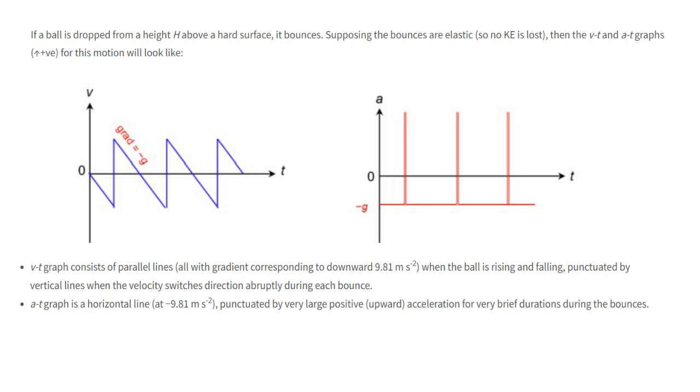Meanwhile, the acceleration time graph remains mostly constant at negative gravity, except for brief spikes of large positive acceleration during each bounce, representing the rapid change in velocity as the ball hits the surface. Together, these graphs illustrate the nature of the ball's motion and acceleration during perfectly elastic bounces.